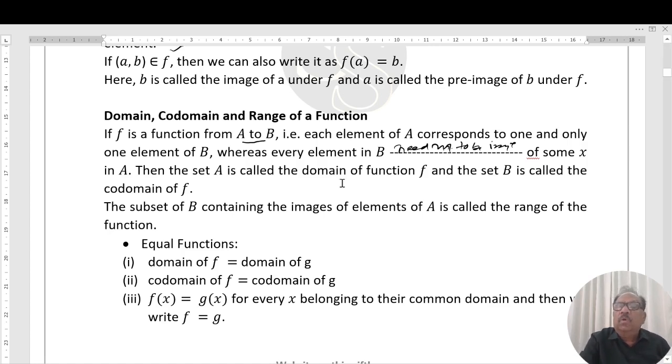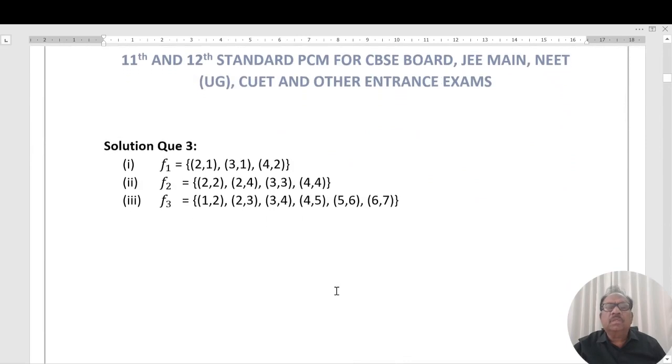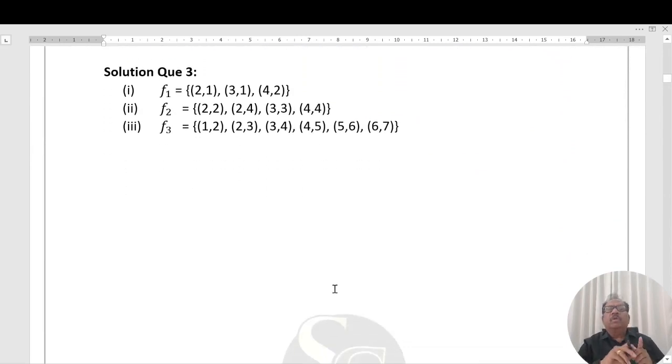Then set A is called the domain of the function and set B is called the codomain of the function, right?